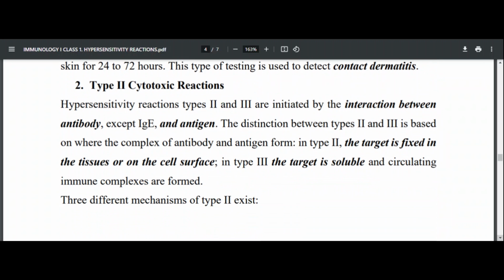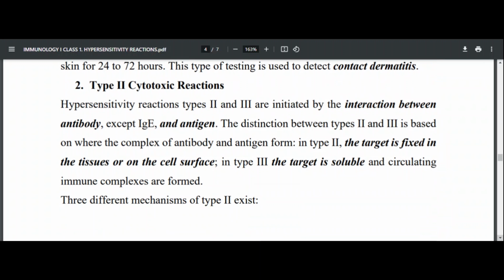Type 2 cytotoxic reaction. Hypersensitivity types 2 and 3 are initiated by interaction with antibodies other than IgE, for example IgG. The distinction between type 2 and type 3 is based on where the antibody-antigen complex is formed.